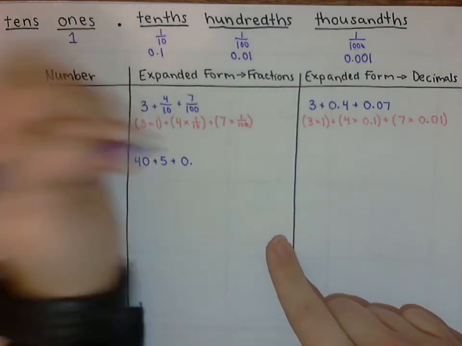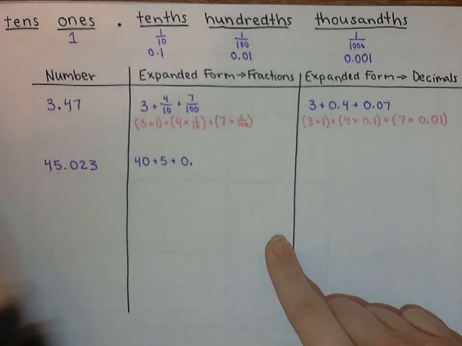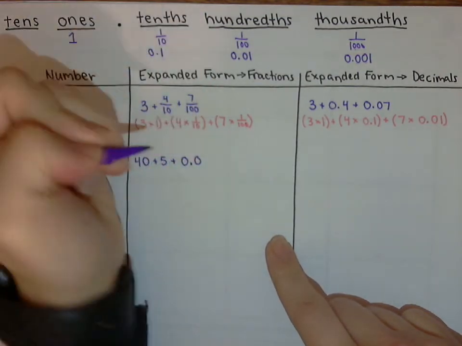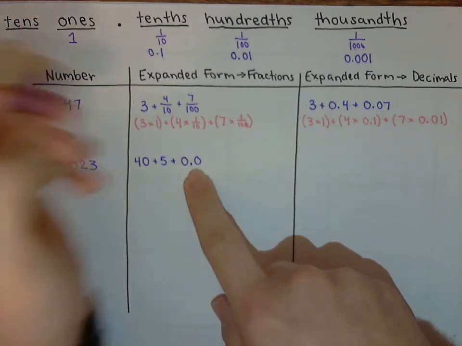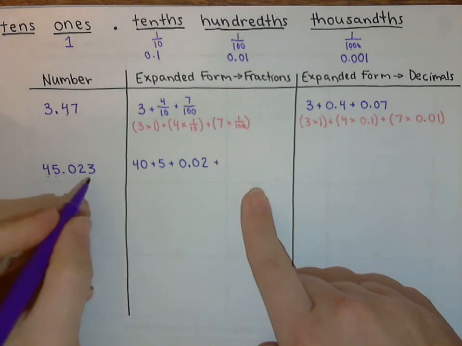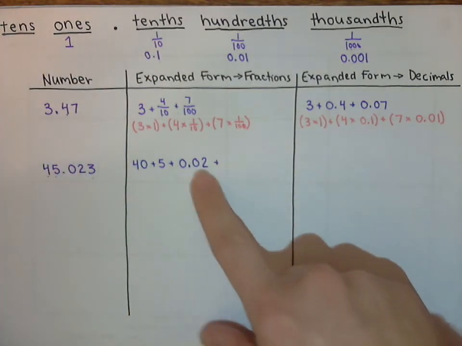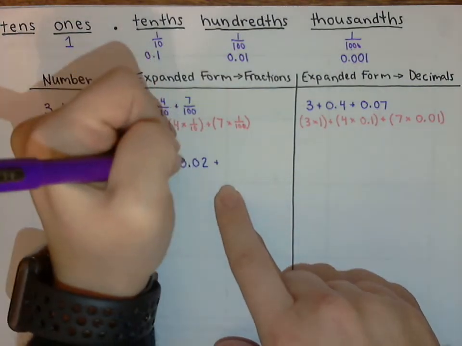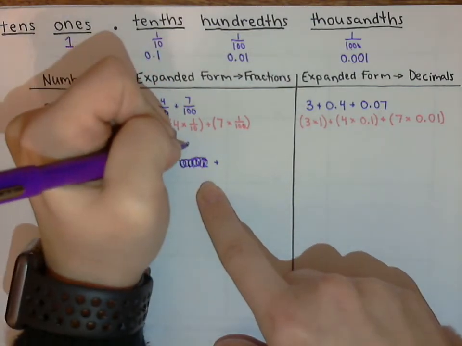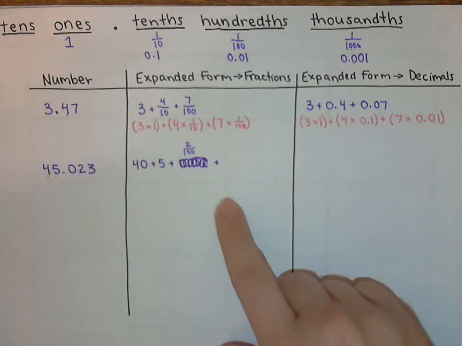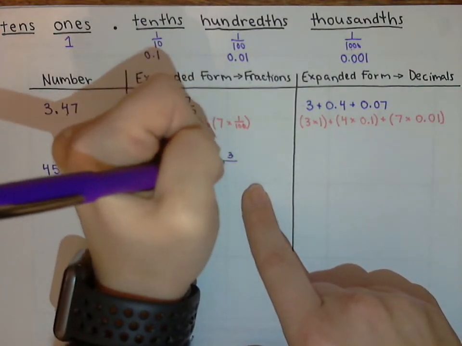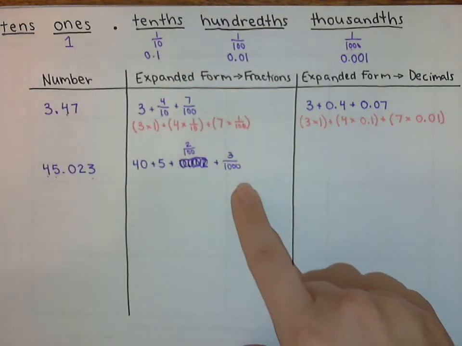And for this, you do need your placeholder in the ones place, 0, and you also need a placeholder in the tenths place, showing that you don't have any. I have 2 tenths, and I also need to add my 3 thousandths, and I definitely did that wrong. That's a decimal, Miss Irwin, not a fraction. So that would be 2, sorry guys, hundredths, and it is also 3 thousandths.